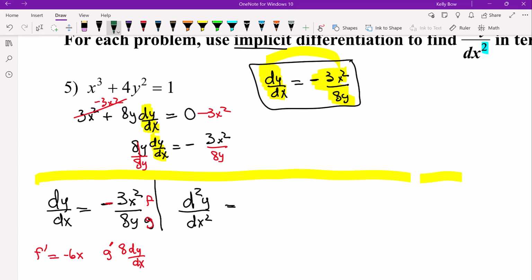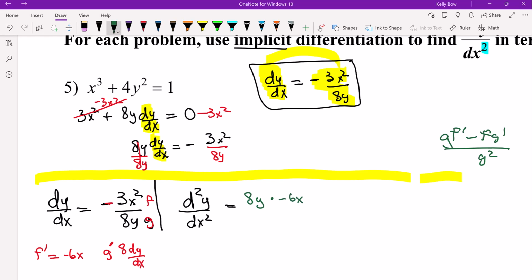The quotient rule says g times f prime minus f times g prime all over g squared. So we're going to take g, multiply it by f prime.